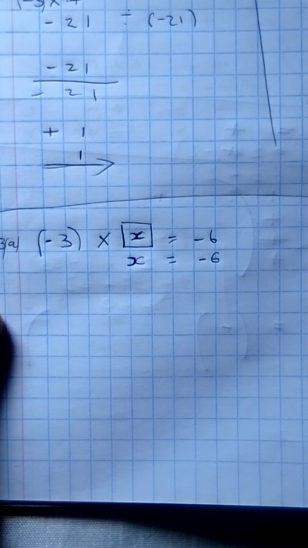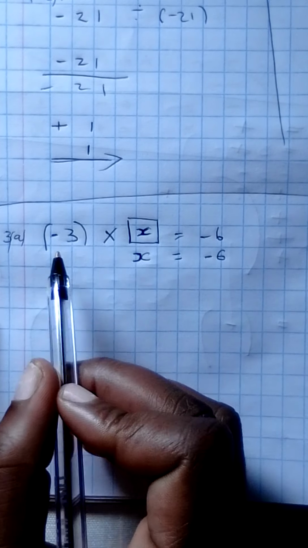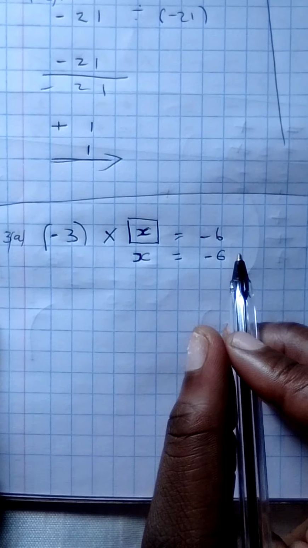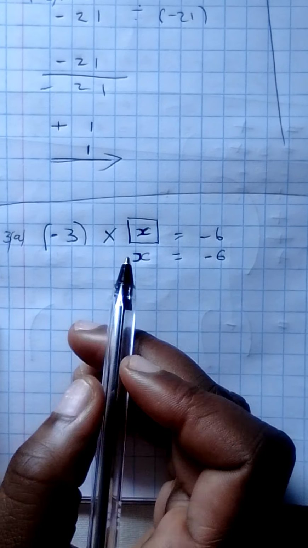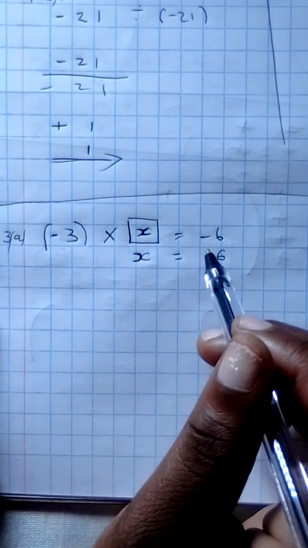Okay, I'll tell you this. Whenever any number is jumping an equal sign, it changes, right? Here, it was a multiplication. Minus 3 was multiplying this x to give an answer of 6.